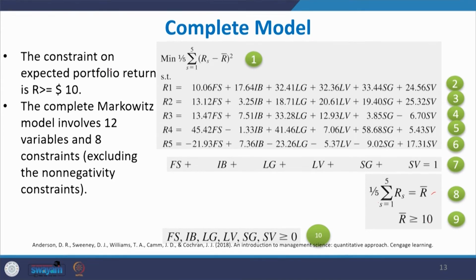So, the constraint on the expected portfolio return is R bar should be greater than or equal to 10. So, the complete Markowitz model involves 12 variables and 8 constraints excluding the non-negativity constraint.